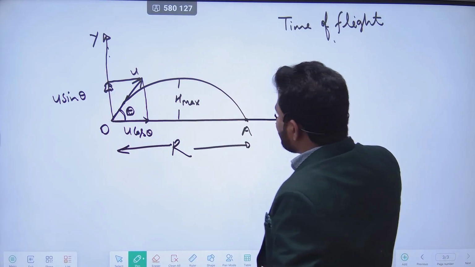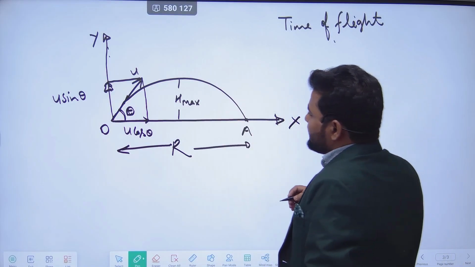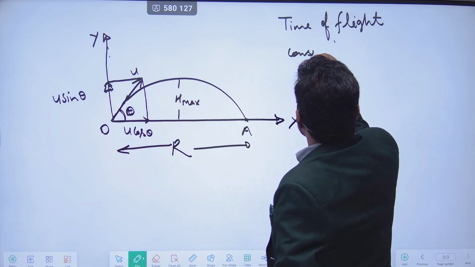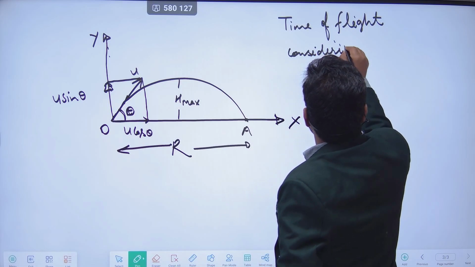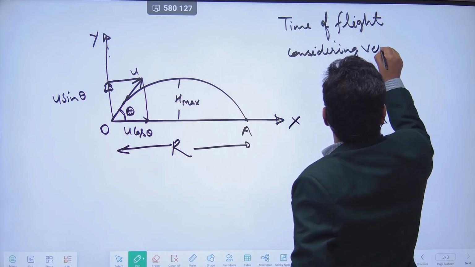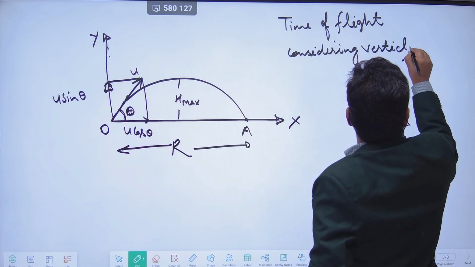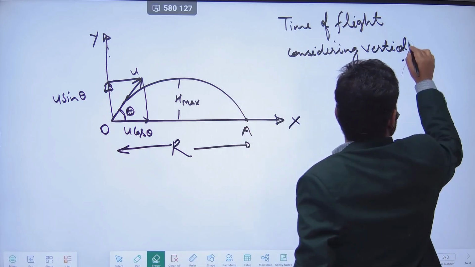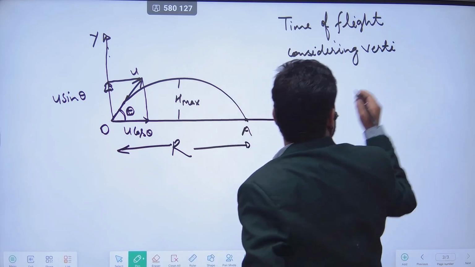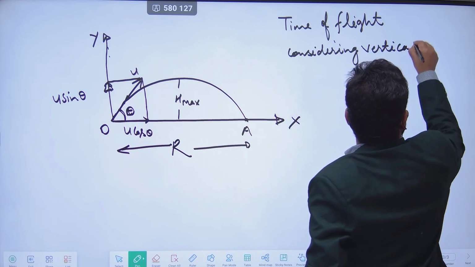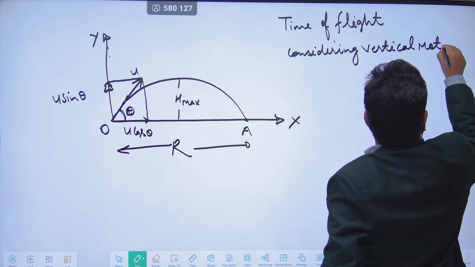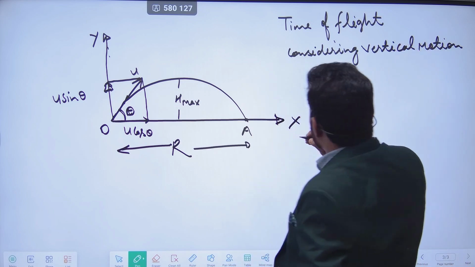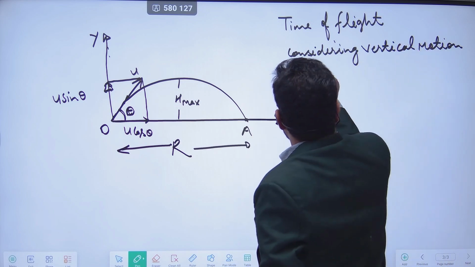To evaluate it, first we need to consider the vertical motion. Here we have three equations of motion.